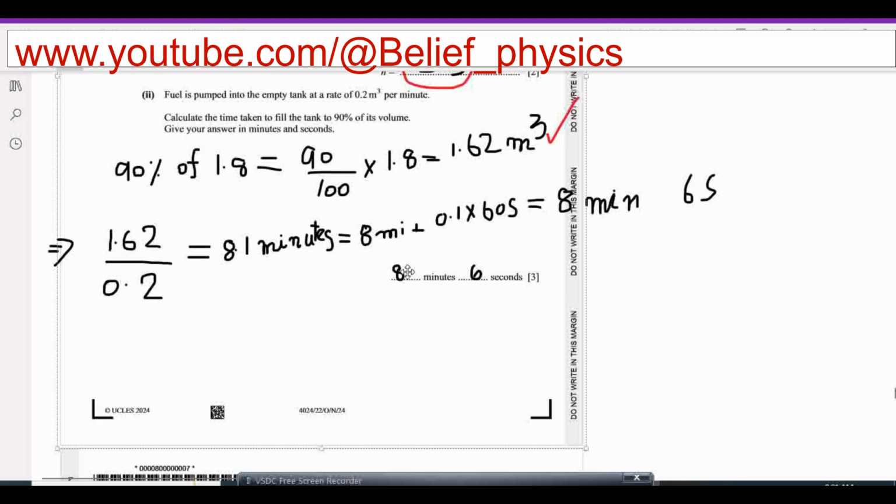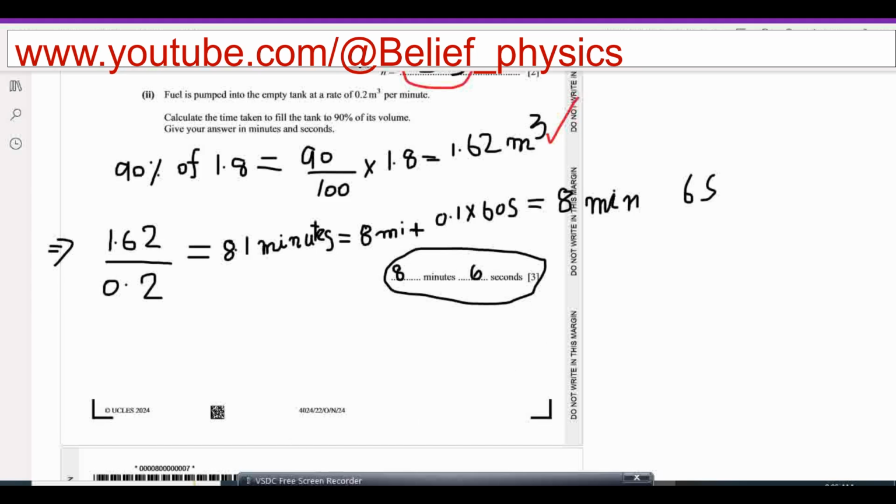So 8 minutes is 8 minutes, and 0.1 minutes we have to convert into seconds. We put 8.1 as 8 minutes plus 0.1 into 60 seconds. 0.1 into 60 seconds gives you 6 seconds. So the answer comes out to be 8 minutes and 6 seconds. So the time taken to fill the tank by 90% is 8 minutes and 6 seconds. That's it.